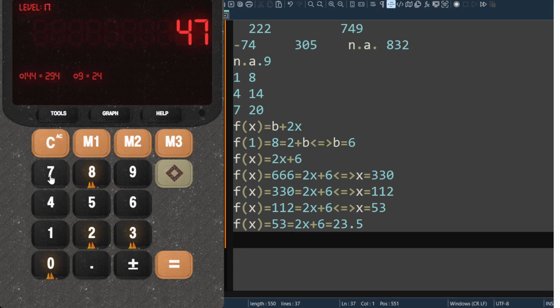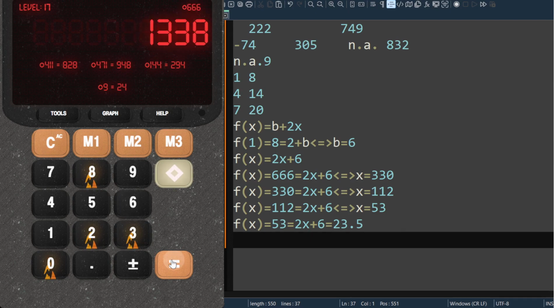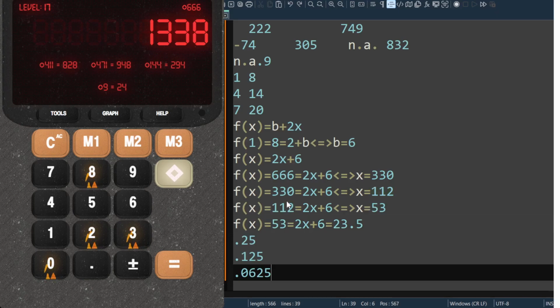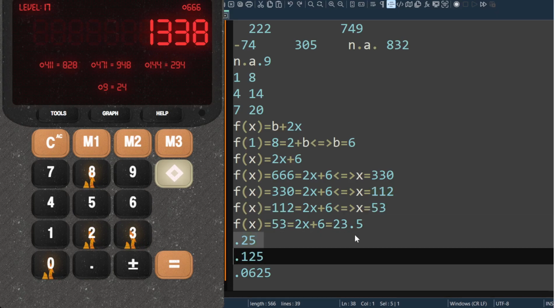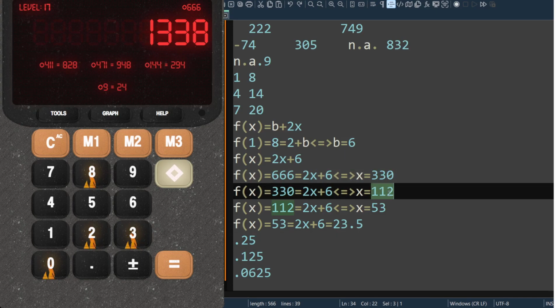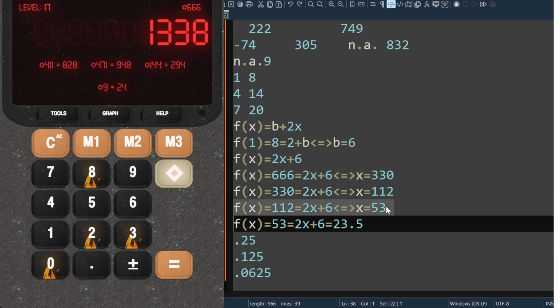Let's go for 471. Okay. So it looks like we have been on the right track. So 330 doesn't work, 112 doesn't work, 53 doesn't work.